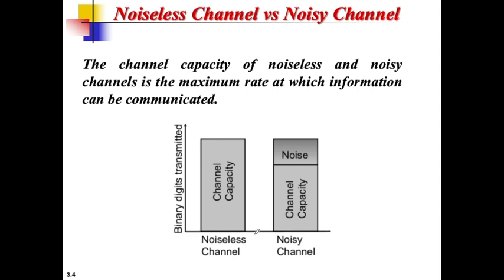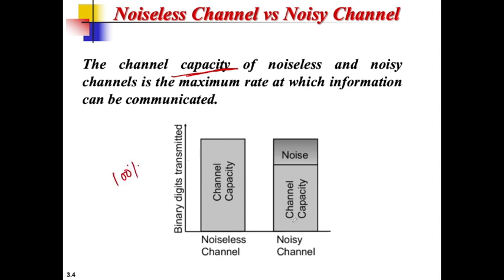When we talk about channel capacity, capacity means how many bits can be transferred from device A, the sender, to device B, the receiver. In the case of a noiseless channel, we are actually receiving all the bits. For example, if the receiver wants to get 10 bits per second, the sender only needs to send 10 bits per second. Because there is no noise, the channel capacity is theoretically 100%.